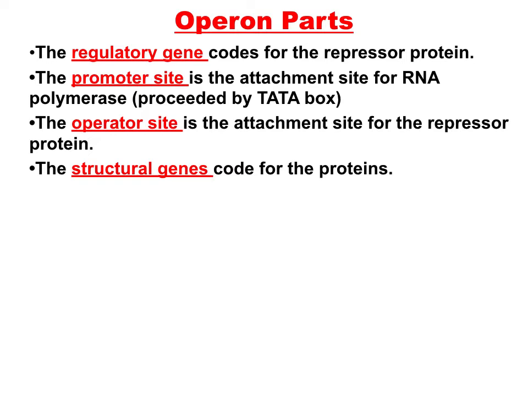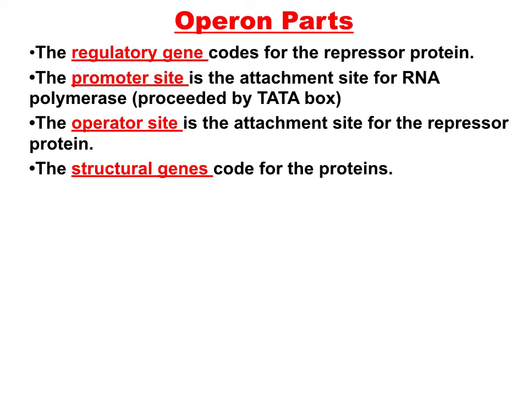The big difference between prokaryotic and eukaryotic cells here is that in a eukaryotic cell like yours, every coding gene has its own promoter, its own enhancers and silencers. But here several of them are grouped together because they have to work together to achieve the same goal.